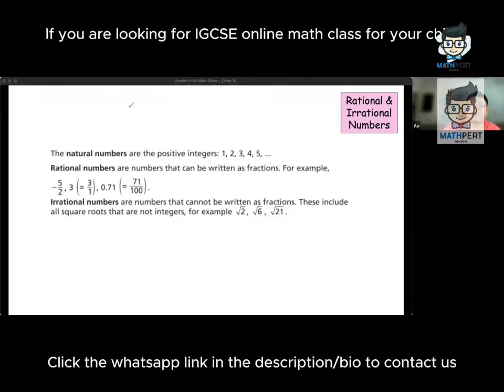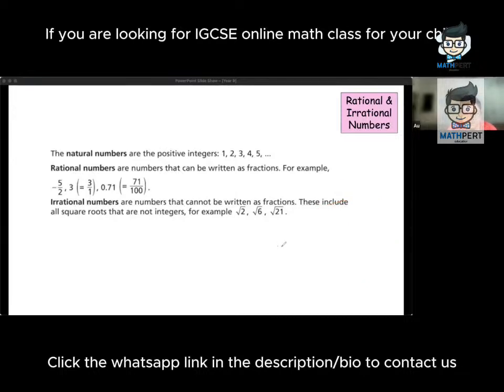Rational numbers means numbers that can be written as fractions. Example, 3 is a rational number because I can write 3 as 3 over 1, 6 over 2, 9 over 3. All these are improper fractions. So as long as I can write the number as a fraction, it is a rational number.